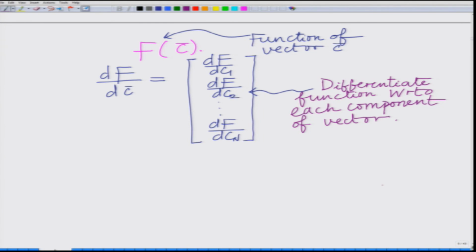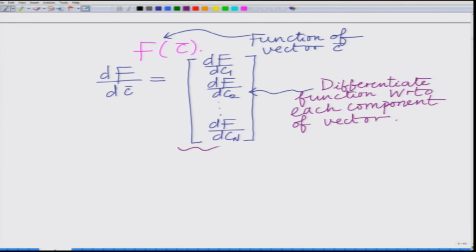That is, if we have a function f of C bar, what I have to do is differentiate this function f of C bar with respect to each component of this vector C bar. So, naturally, if C bar is an n dimensional vector, because I have to differentiate with respect to each component of C bar, I will get n components.